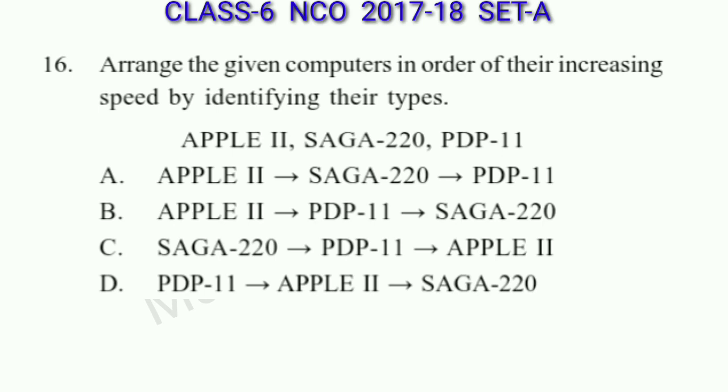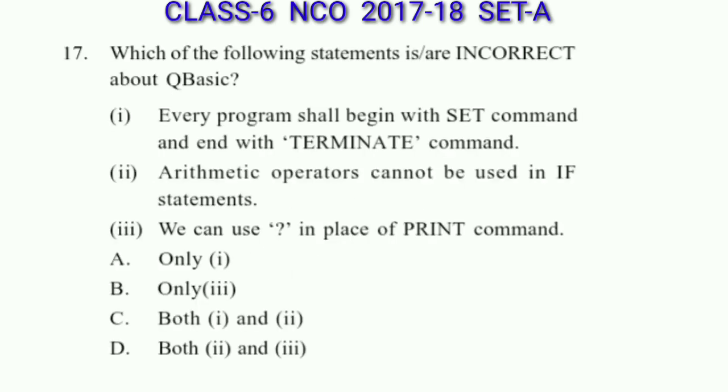Speed of PDP-11 is 1.25 MHz and speed of Saga 220 is 220 teraflops. So if we arrange them according to their increasing speed, it will be option B, Apple IIe, then PDP-11, then Saga 220.